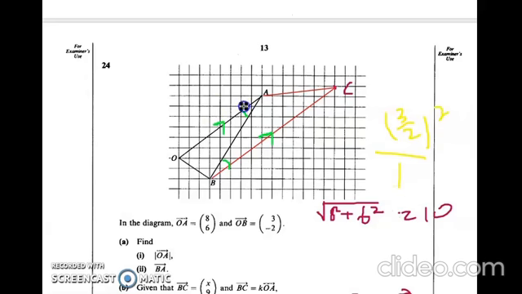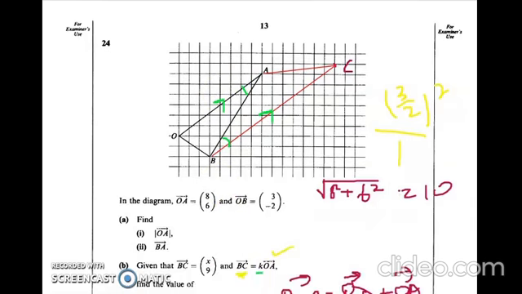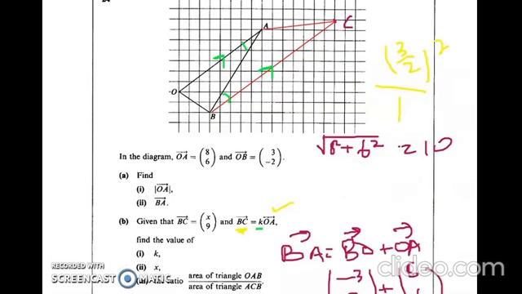Basically, 1 length of OA, because BC was K times OA. So we will figure this out and we would get to know the ratio of the area. We need OAB first and then ACB. So this will be 1 upon 3 upon 2 whole squared. And now we can easily figure out the area ratio, that is 4 upon 9.